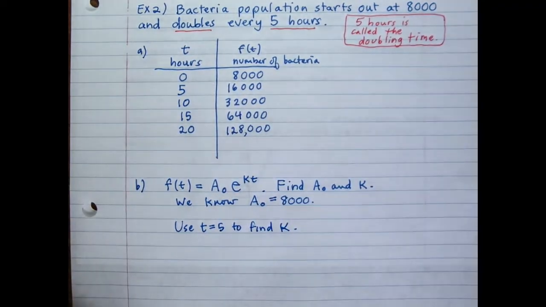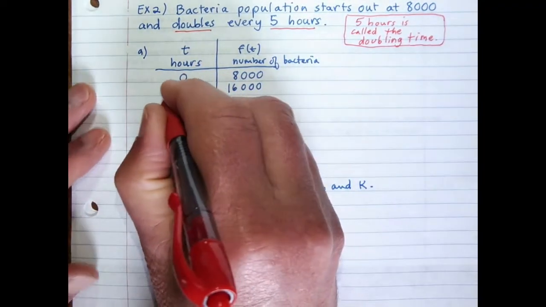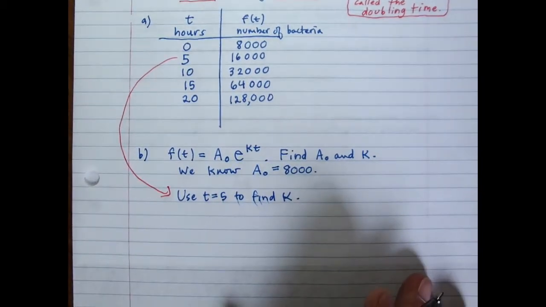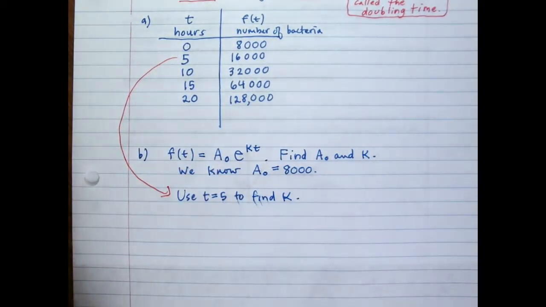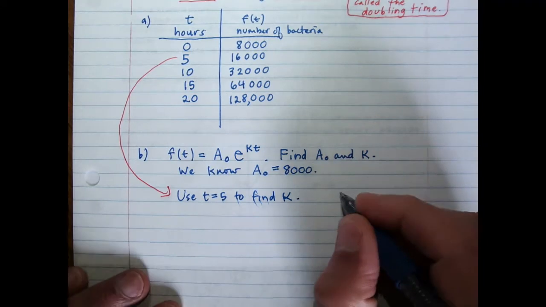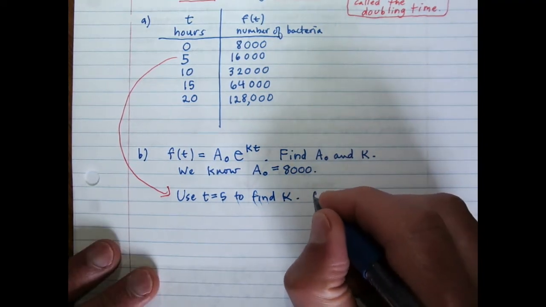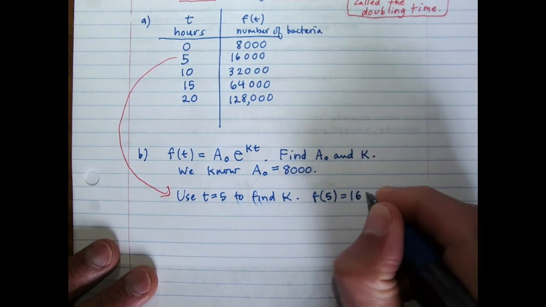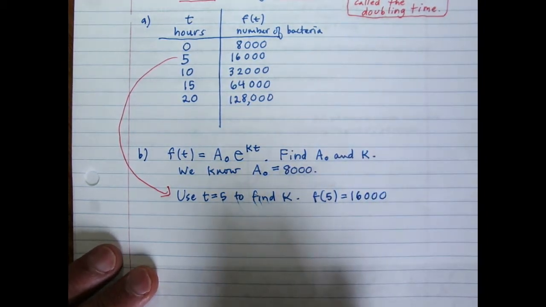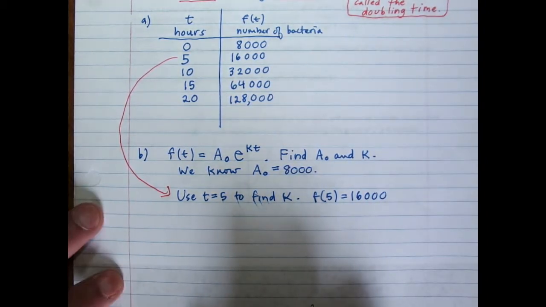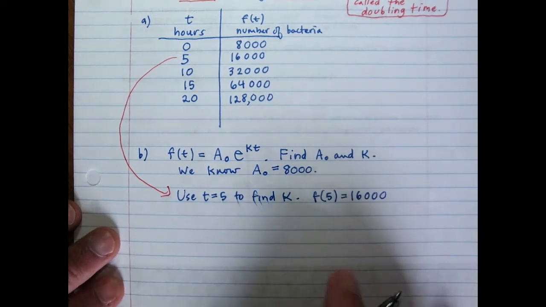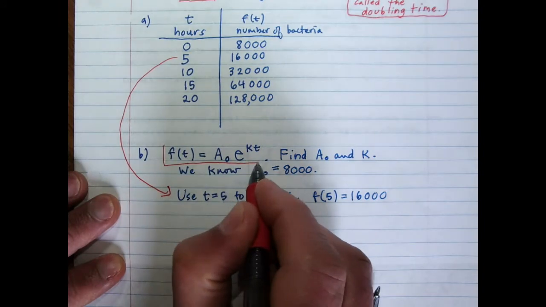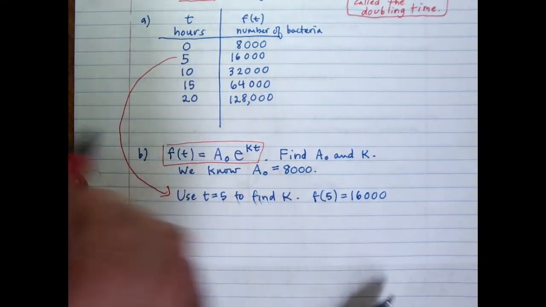I really could have picked any one of these points, but I'm going to take the point from our table, 5, 16,000. So what we can say is that f of 5 is 16,000. And now, again, we're going to use our formula.